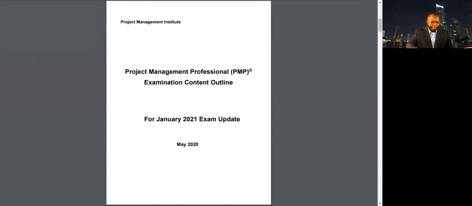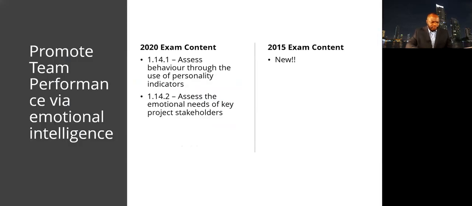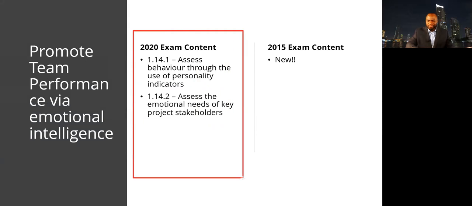This one right here. So you can see up here we have, hang on a second, I don't think that worked. Let's do that again. Come back. All right, there we go. So you can see we have up here the 2020 exam content outline, which is really now called the 2021.